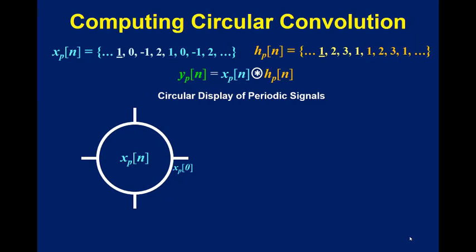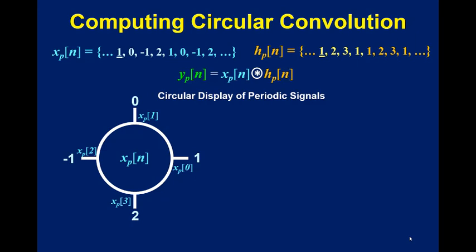And I work back counterclockwise. N equals 1, n equals 2, n equals 3, and then it's repeating. Right? And I can actually put the values in. N equals 0 is 1, then 0, then minus 1, and 2. So this would be our shorthand circular diagram for this periodic signal x.